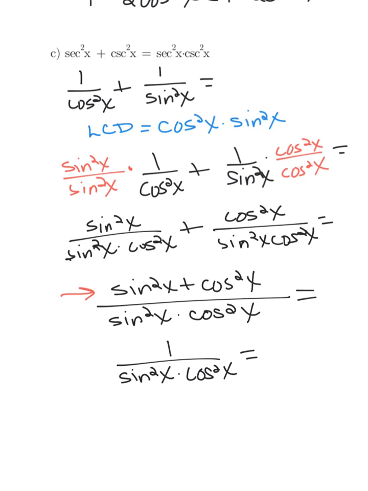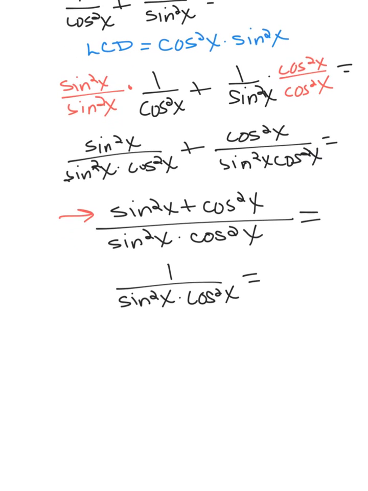So a little fraction trick, and this is just fraction rules again, is that we can split that one fraction into two fractions that are 1 over sine squared of x times 1 over cosine squared of x.